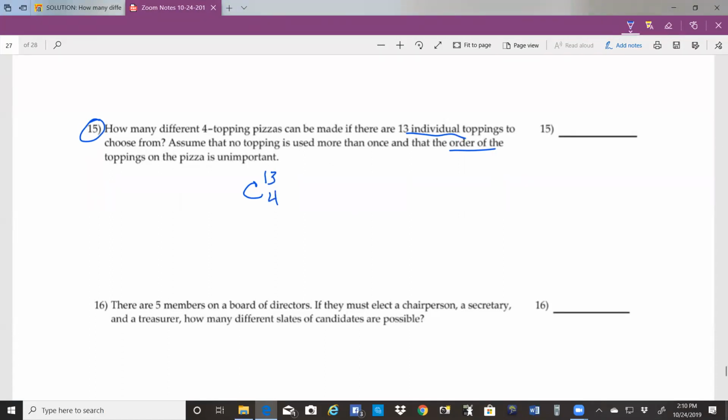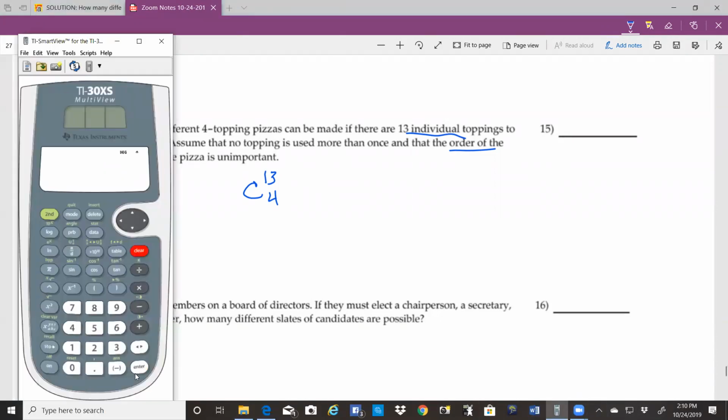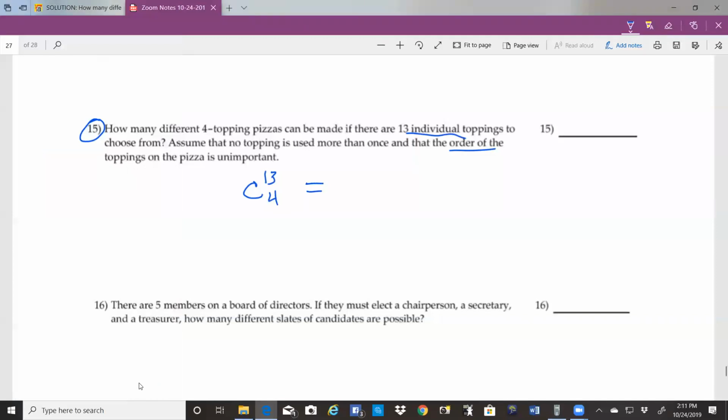If you put this in your calculator, you'll do 13, probability, combinations of n things taken r at a time, and we're talking about 4. Hit enter, and we get 715. So that's the number of possible pizzas you could make if you have 13 toppings and you want a 4-topping pizza.